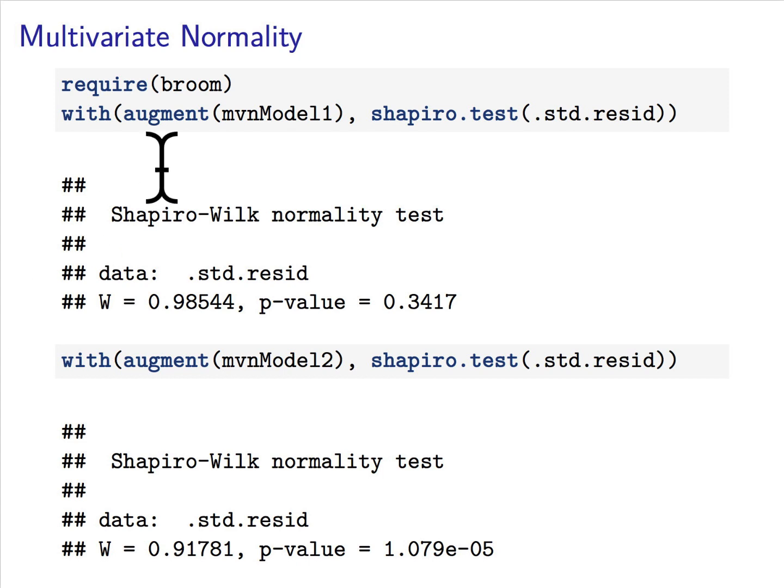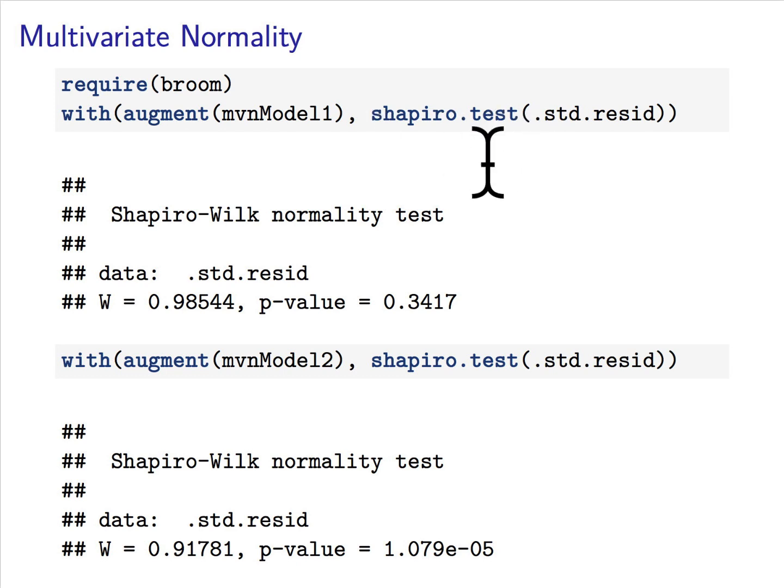Looking at the code a little bit, the augment function will give us a data frame with the original data that was used to fit the model, and it'll be augmented with some fitted values, residuals, and other handy statistics from our model.